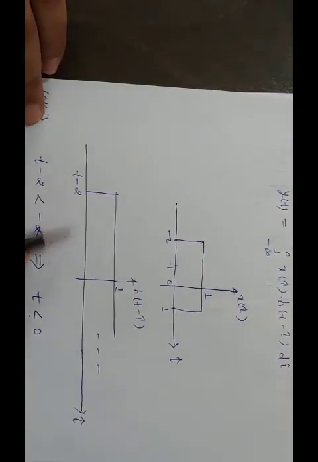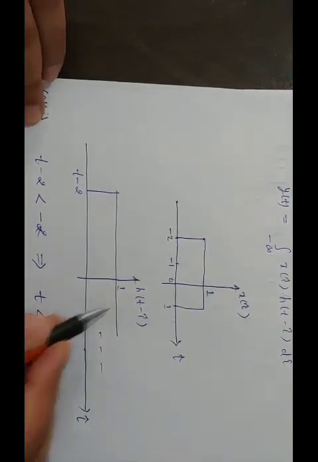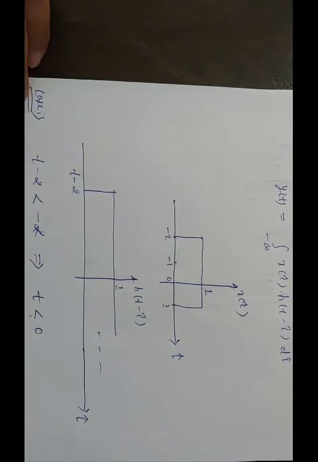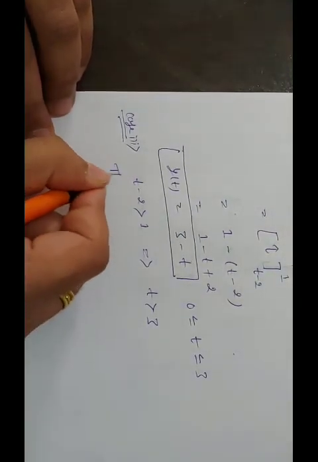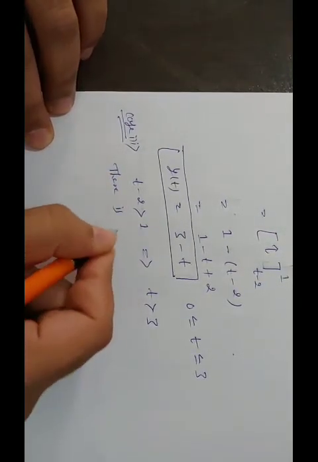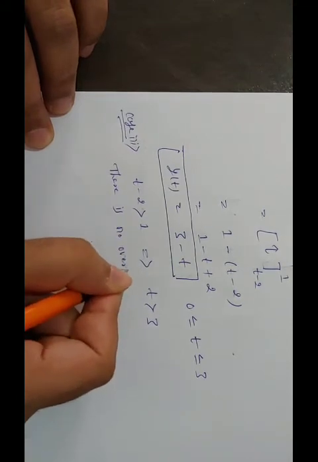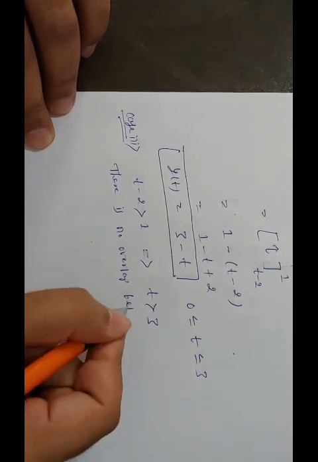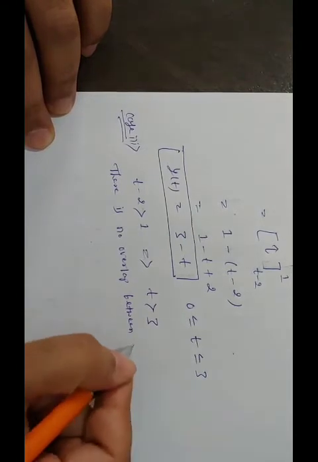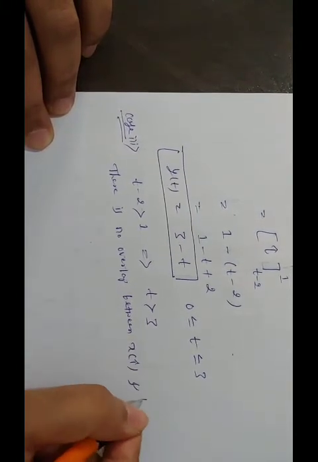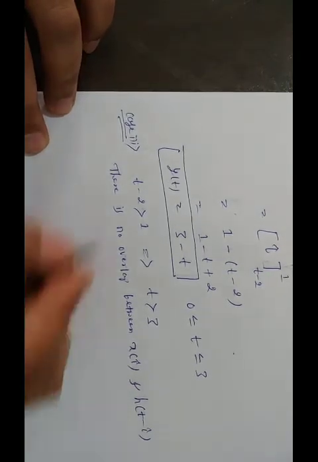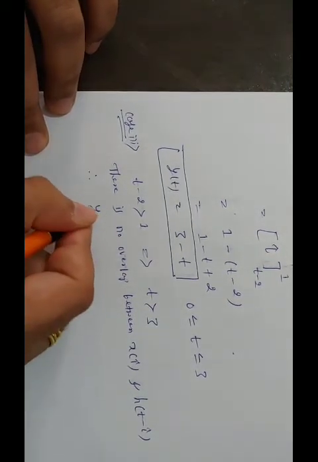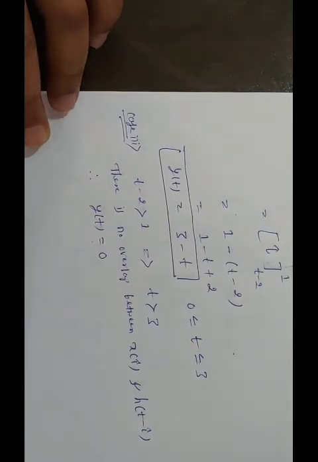If I place it greater than 1, there is no overlap between x of tau and h of t minus tau. Once there is no overlap, no need to write the range. Therefore, output y of t equals 0.